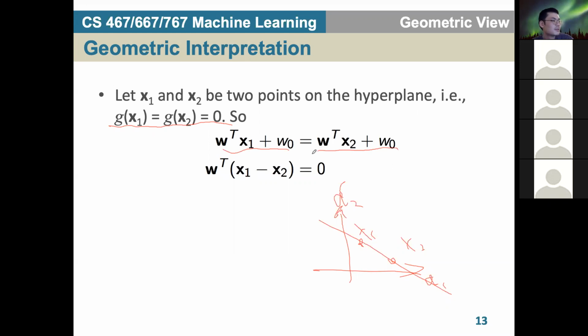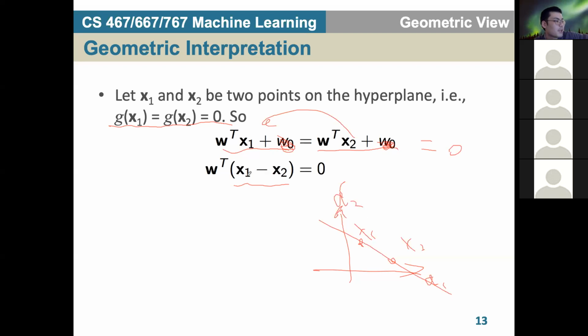They are equal, so you can shift terms: the w0 cancels, and you move x2 over, so it's x1 minus x2. So what does this mean?